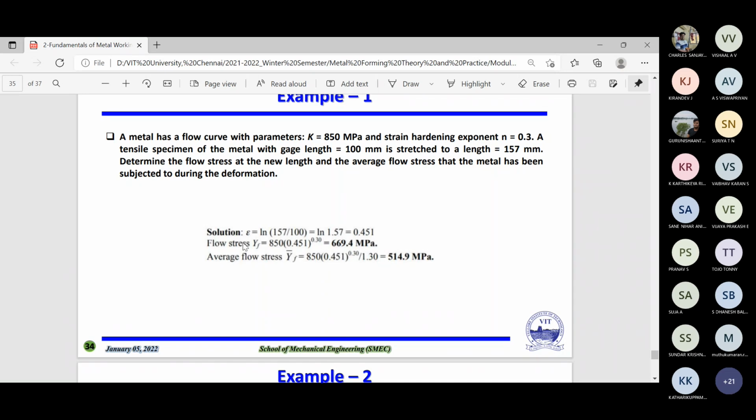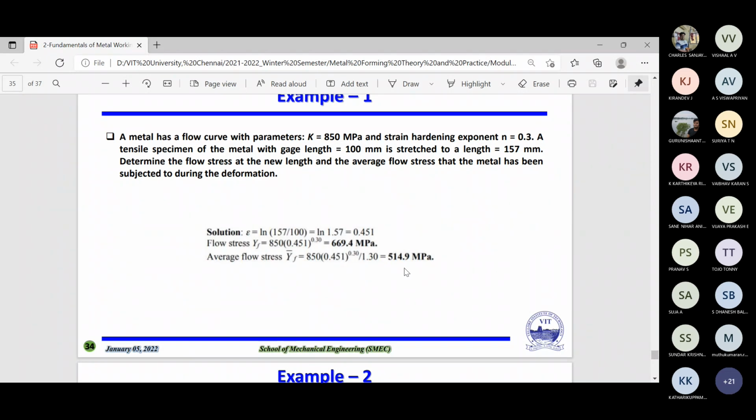The flow stress equation is Yf equal to K epsilon to the power n. So you will get around 670, maybe I do not know the answer, probably you can check. I think Charles is getting 718 probably. You can cross check this one. Then the average flow stress is K epsilon to the power n divided by 1 plus n. So we'll get around 515 megapascal.